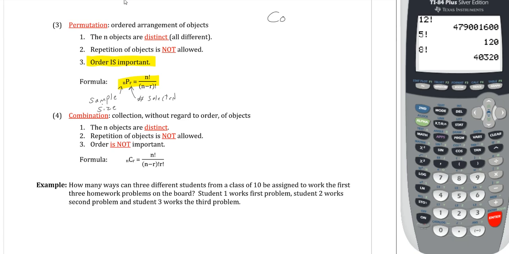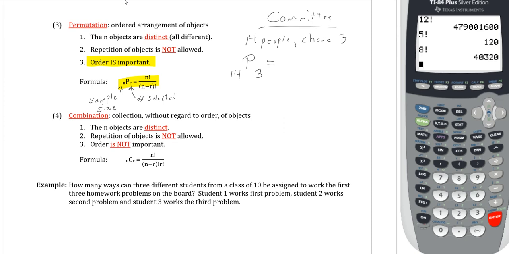Therefore, for the committee structure, we had 14 people, and we chose 3 of them for positions. So I would write this down as 14 individuals permutate 3 of them. 14 was my sample size, 3 is how many I selected.